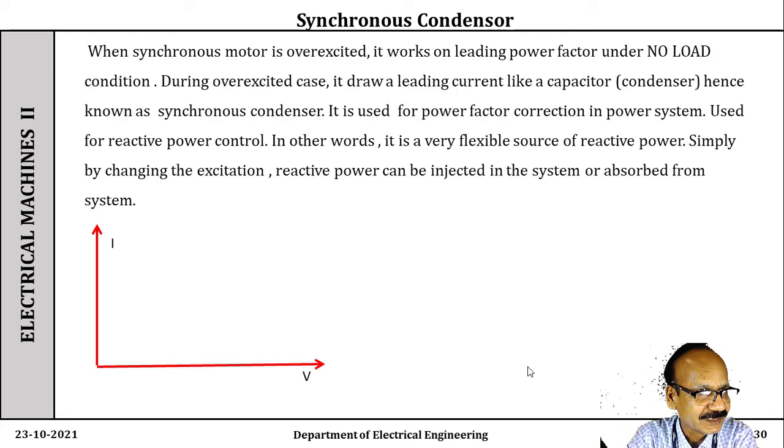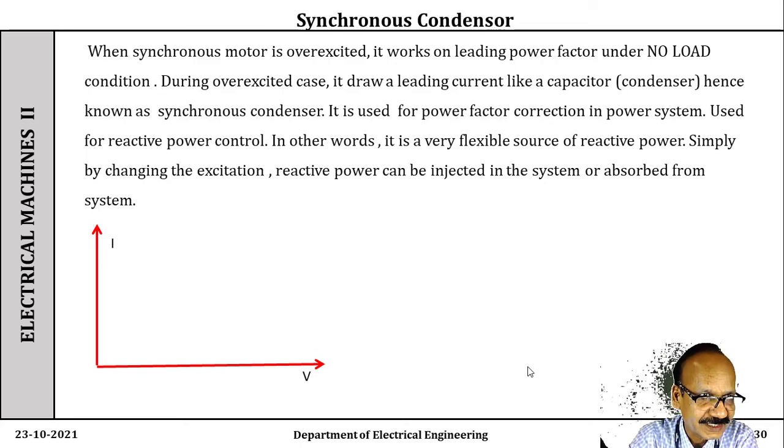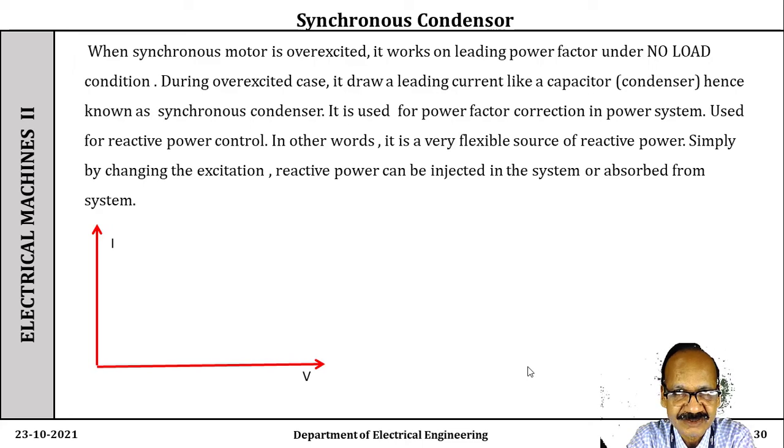So, in other words, the synchronous motor is used as a power factor correcting device or a phase advancer, and it is a very flexible source to control the reactive power during the peak hours as well as off-peak hours.